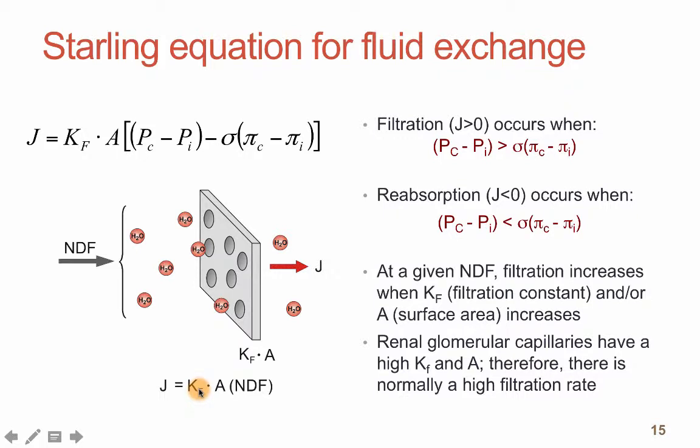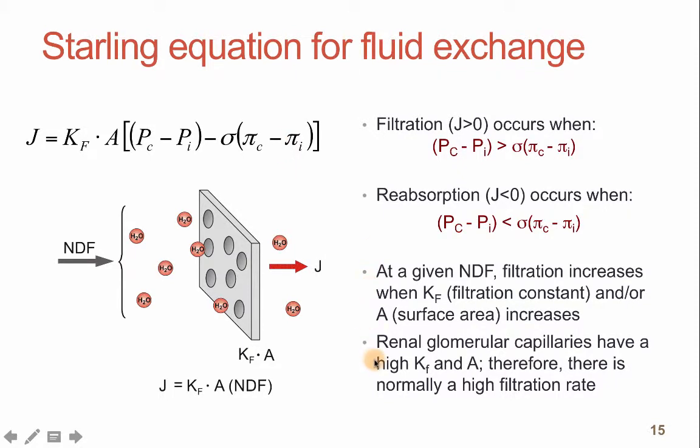That has to do with the permeability of the capillary to the fluid. So fluid flux, therefore, which is what we call the Starling equation for fluid exchange, is equal to the capillary filtration constant times the surface area available for the movement of fluid, and that multiplied by the net driving force for fluid movement.